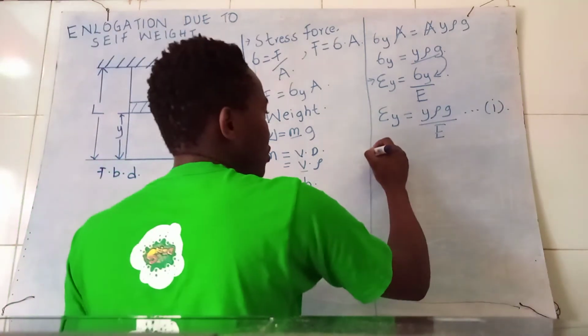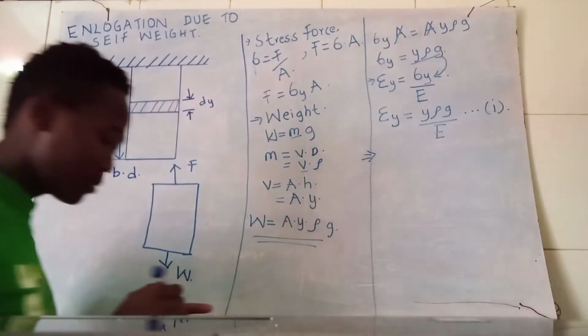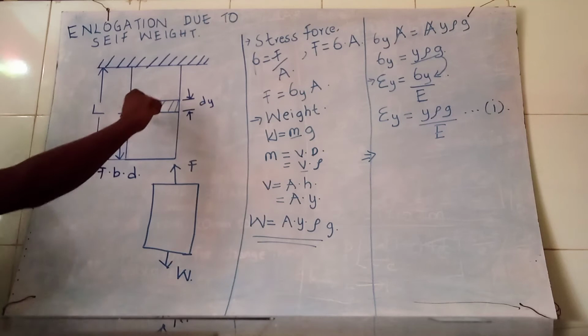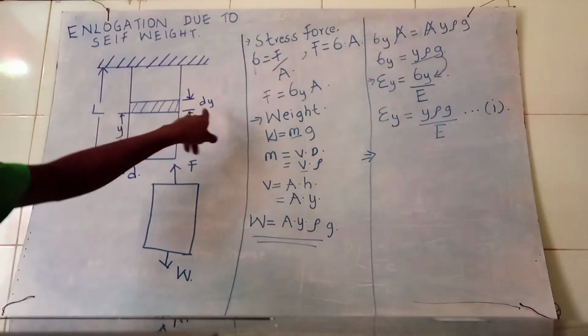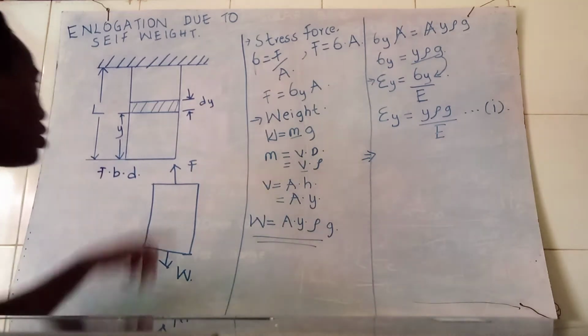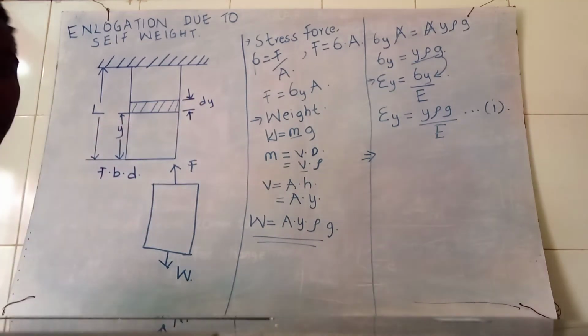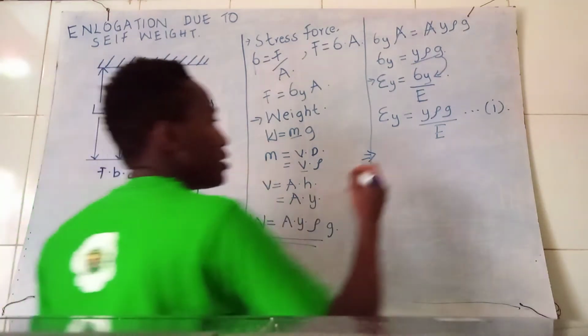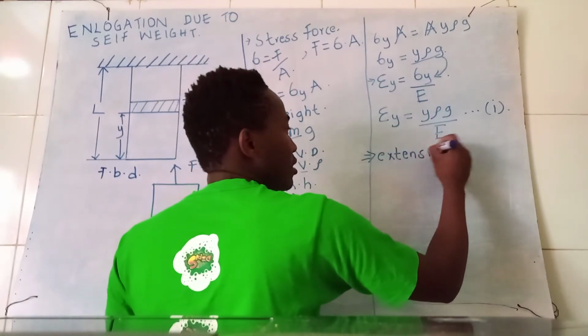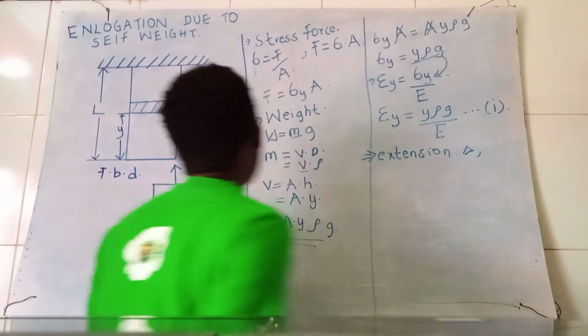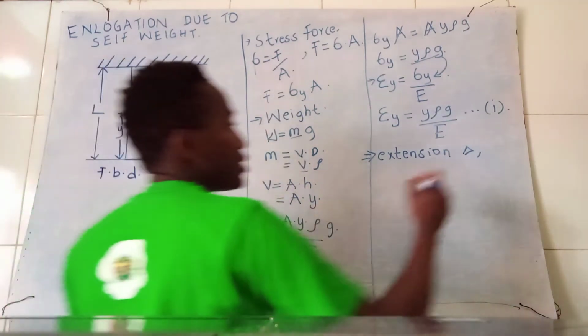Now, to get the second equation, we are going to consider this part that I've shaded, this small part, with the length dy. Assume that this part extends by delta. So it has an extension delta presented by that triangle, and its original length is dy.